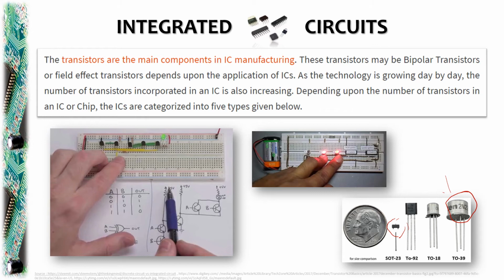We have two other images, this image and this image. We discussed the breadboard, if you remember that. This is the breadboard with the holes in which you can insert different components, connect them and test your logic.